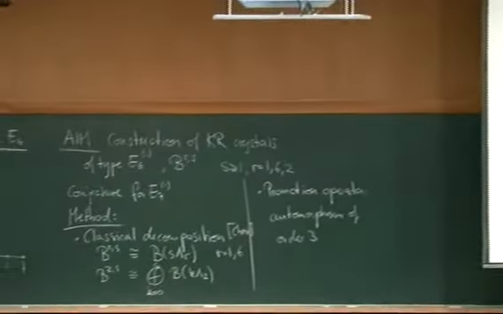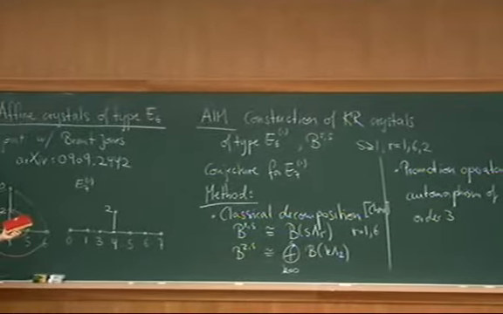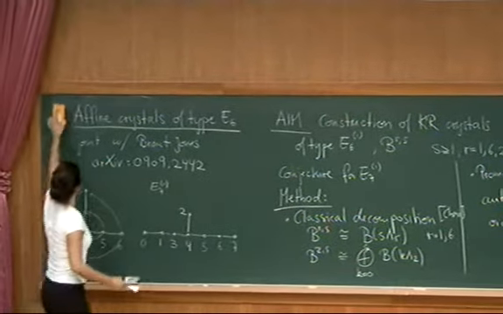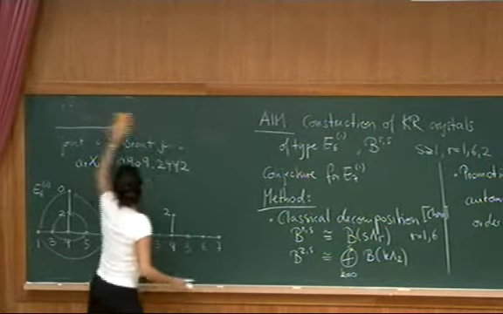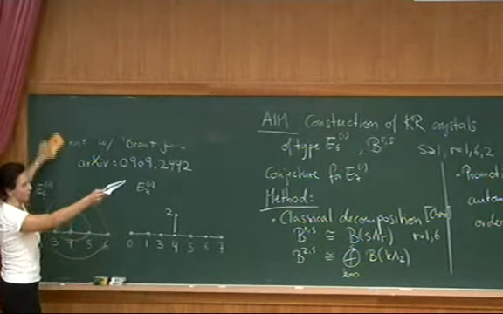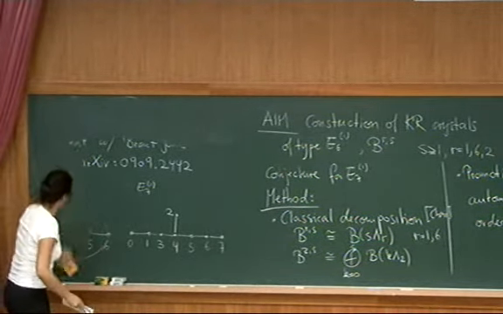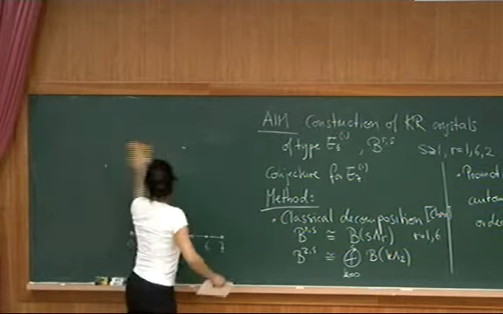Okay? And now we also want, of course, the crystals B for all other fundamental weights. So the lambda 2, the lambda 3, and so on. And you can get them all by construction from this crystal, in fact.